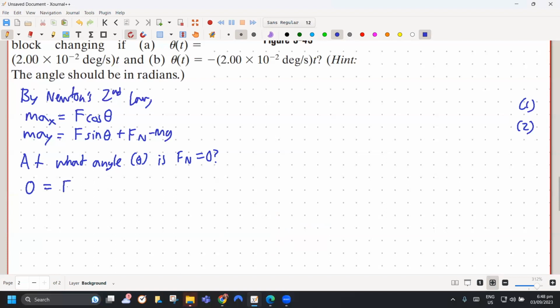Tapos F sine theta, so nandiyan pa rin yan. Tapos yung theta critical, lagyan mo ng subscript. Theta c, or theta critical, minus mg. Kaya 0 na yung normal force, di ba? So, pag ganyan, anong angle nangyayari yan? Pa-compute.